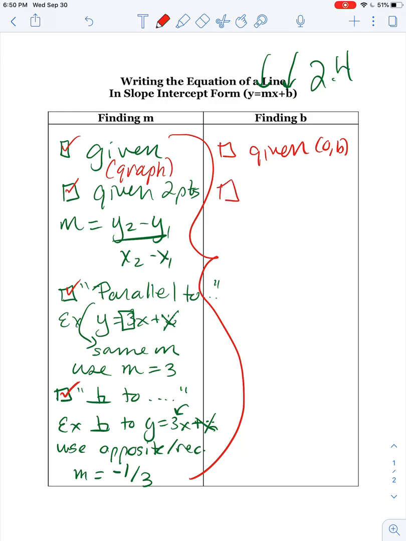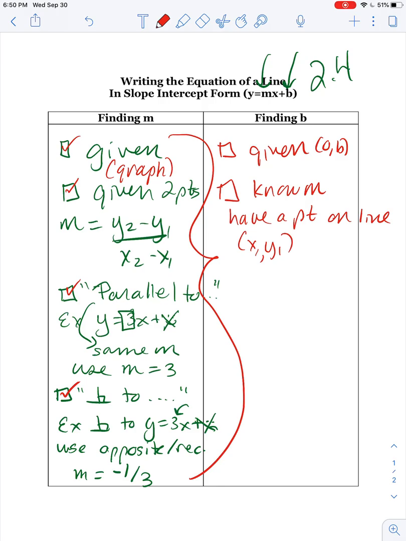They're going to show you on a graph or tell you that it crosses at b, or, and this method works for all the other ways you found slope, because you'll know the slope through one of these four methods over on the left, and you'll have a point that's on the line.